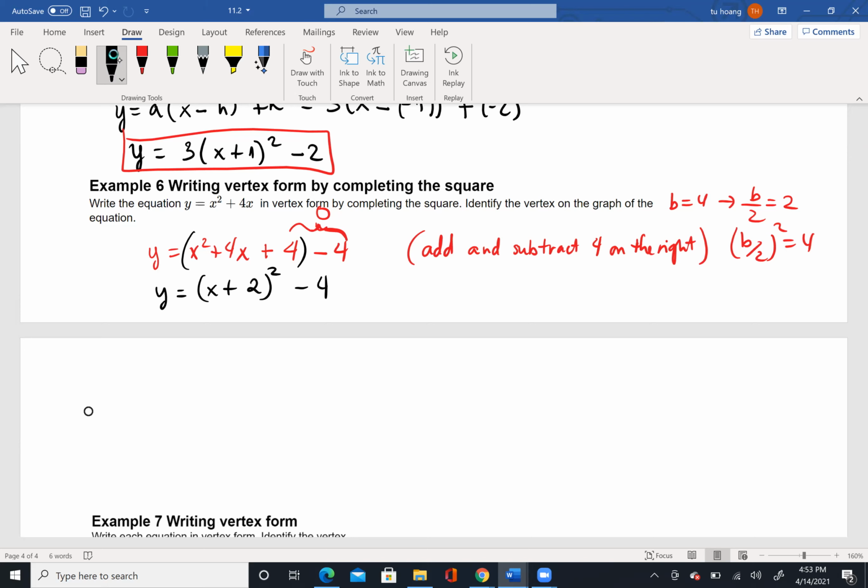Okay, so here it means (x plus b over 2) everything squared, right?